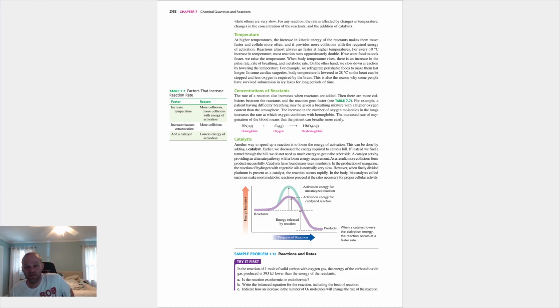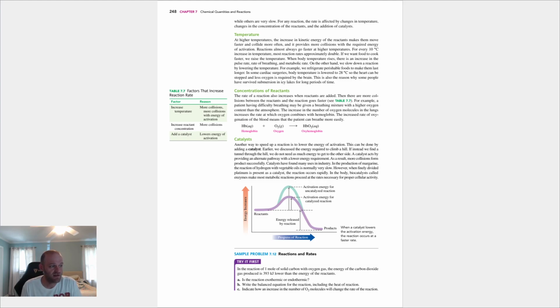Say it costs me $10,000 to power the electricity needed to run my reactor, because the activation energy is so high for this reaction. What if there was a way for me to add a metal or something else that helps me save $5,000 in electricity costs? And it does that by lowering the activation energy.